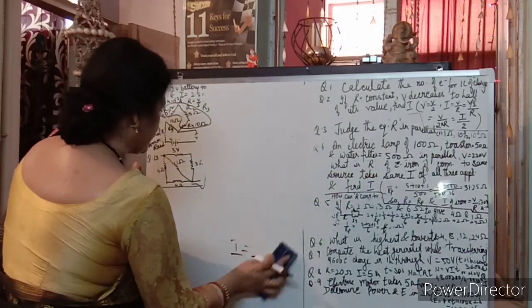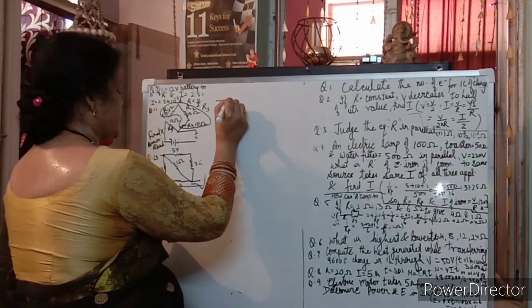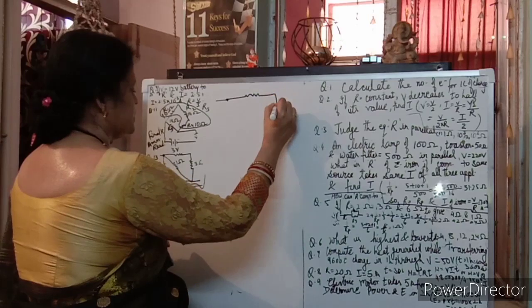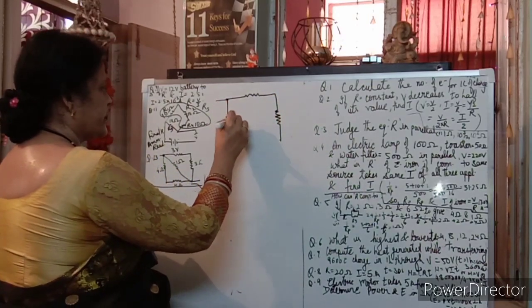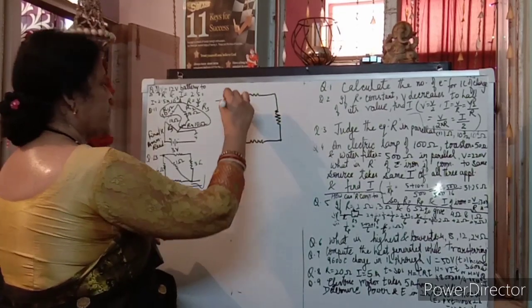Suppose I say this diagram. This is the starting point and 1, 2 and here again 3, 4. See? Clear?